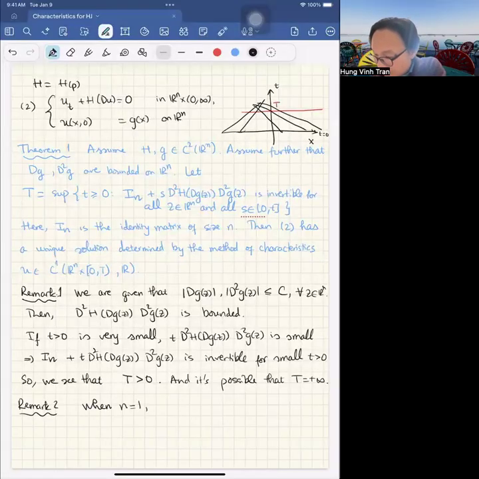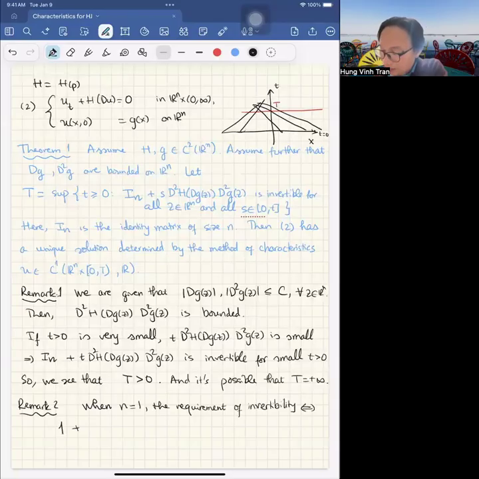Saying that it is invertible, the requirement of invertibility is equivalent to the fact that I_n is just one.